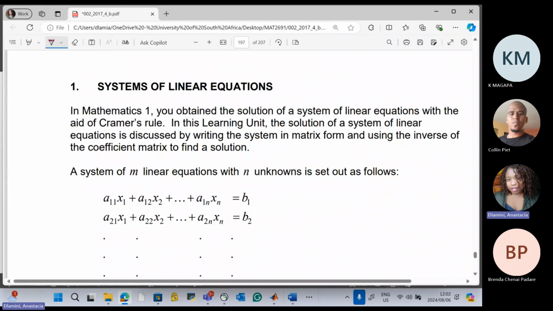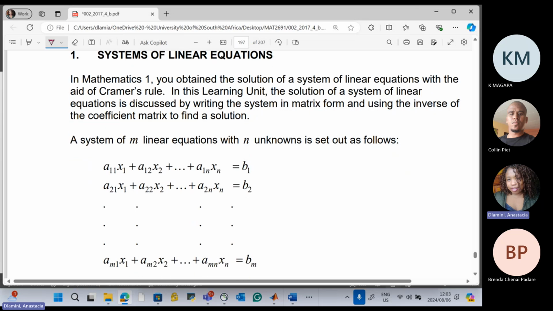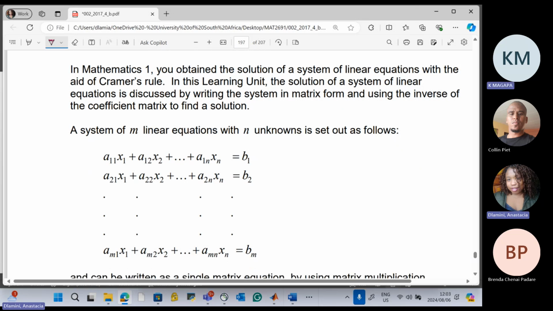In mathematics 1, you obtained the solution of a system of linear equations with the aid of Cramer's rule. In this learning unit, the system of linear equations is discussed by writing it in matrix form and using the inverse of the coefficient matrix to find the solution. Now, they said a system of m linear equations with n unknowns is set out as follows.